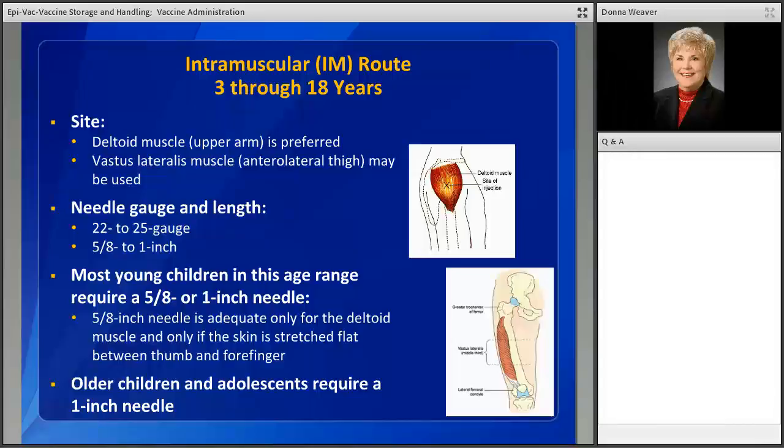But there was one study conducted with obese adolescents that found that a 1.5 inch needle was needed to reach muscle tissue. The vastus lateralis muscle in the anterolateral thigh is an alternative site if the deltoid sites cannot be used, and a 1 inch or 1.25 inch needle will be long enough for most older children and adolescents.